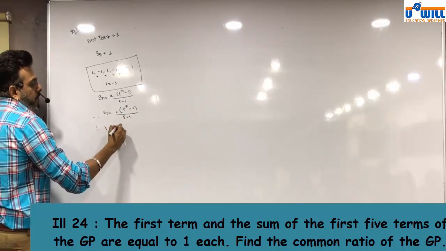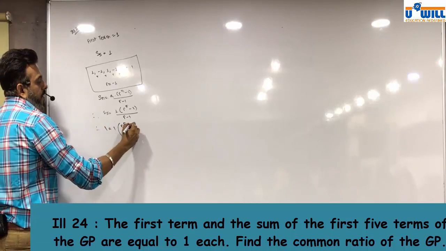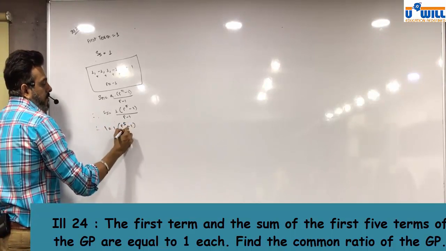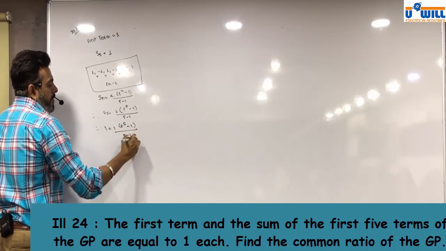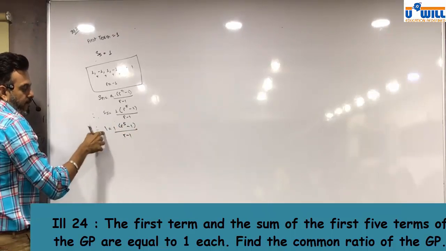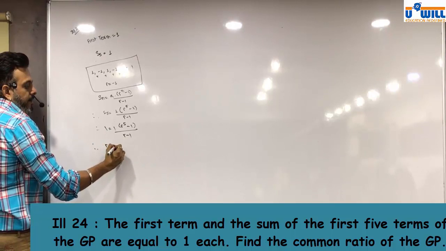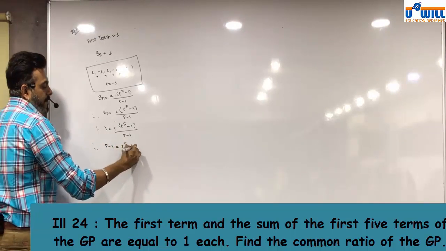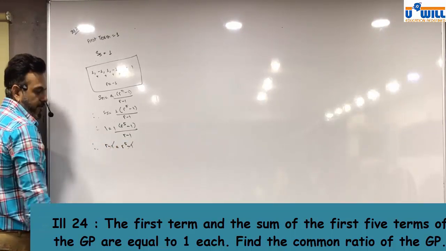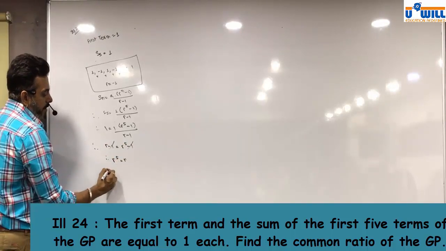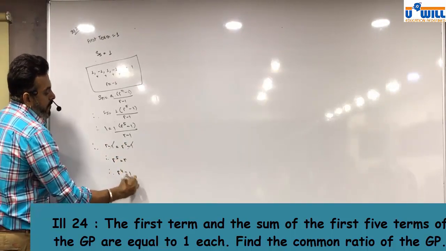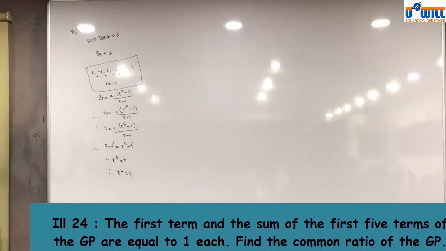Therefore, 1 is equal to 1, R raised to 5 minus 1 upon R minus 1. Therefore, R minus 1 comes to the other side. So R minus 1 is equal to R raised to 5 minus 1. Minus 1 cancels. Therefore, R raised to 5 is equal to R. Therefore, R raised to 4 is equal to 1.